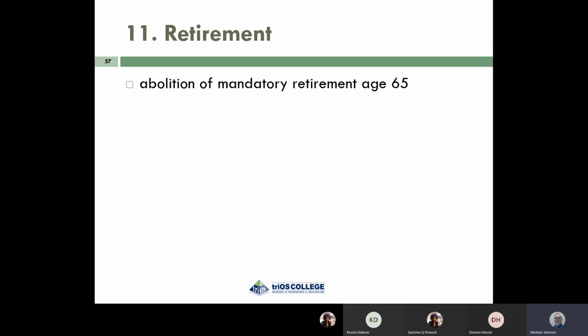Abolition of mandatory retirement took place a number of years ago and has eliminated the 65 rule. It used to be that you had to retire whether you liked it or not. The problem with that is that at the age of 65, you probably have become a senior employee of that company, probably put in quite a few years, and now you're going to be retired and you don't have a choice, but you still want to work.